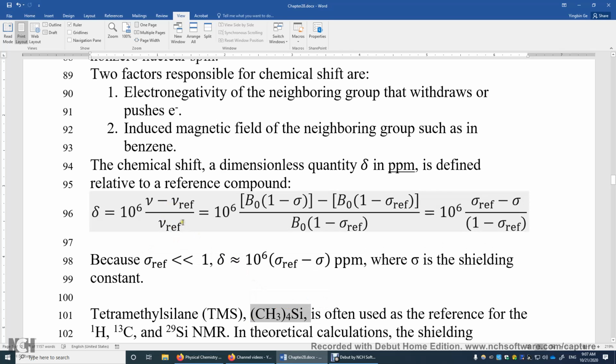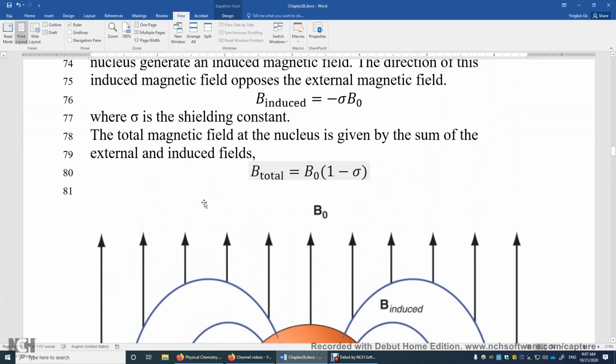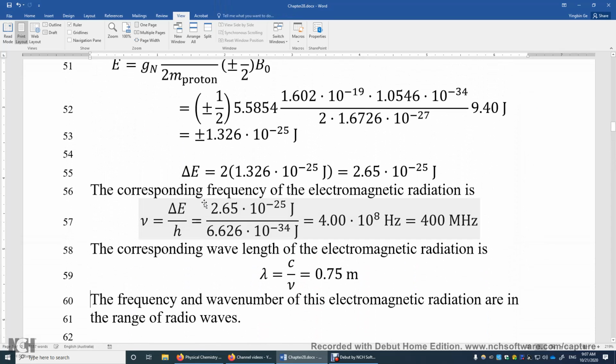So you do that, and then we have this nu. This nu is proportional to B naught times 1 minus sigma, and the reference nu is proportional to B naught times 1 minus sigma reference. I think we did some numerical calculation of this nu a couple sections before.